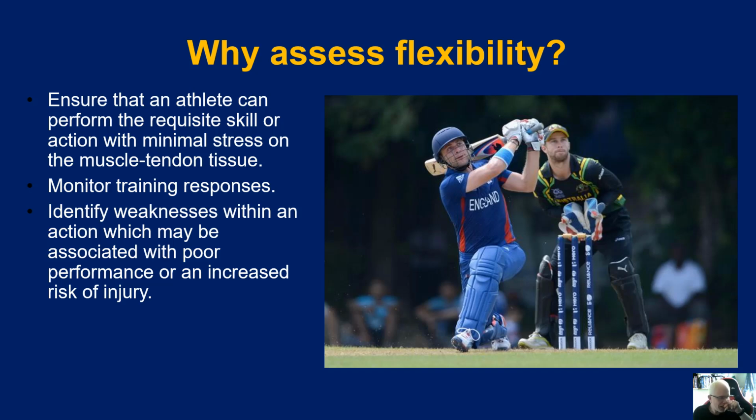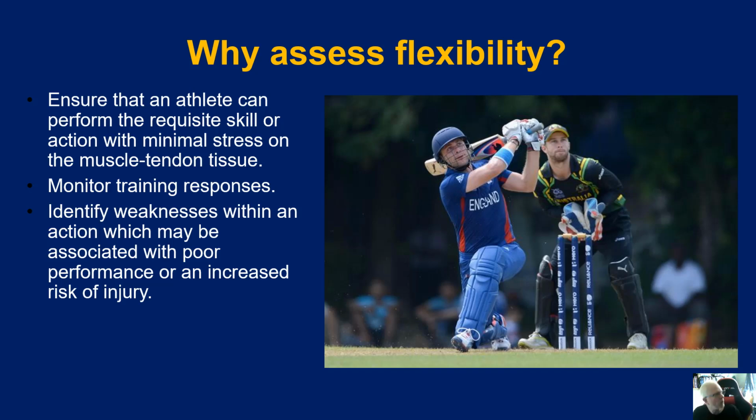We'll use it to identify weaknesses, both within an action or in relation to performance, and also this notion of injury. Now, the injury thing is quite interesting, because there is this notion that poor flexibility increases the risk of injury. There actually is very little evidence to suggest that that is the case.